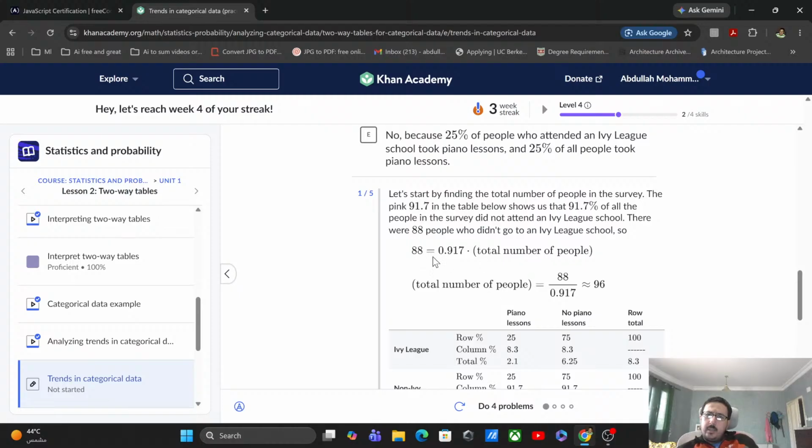So 88 equals the total number of people, 96. There were 88 people who didn't go to an Ivy League school.